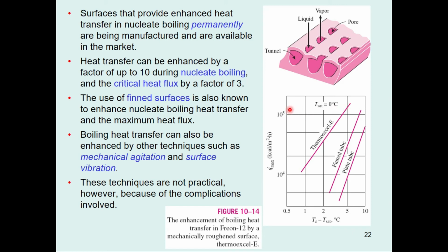So from here we conclude that we have to use those surfaces which have irregularities, pores and tunnels, so that the maximum boiling heat transfer could be obtained during nucleate boiling.